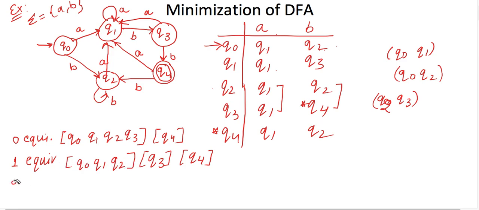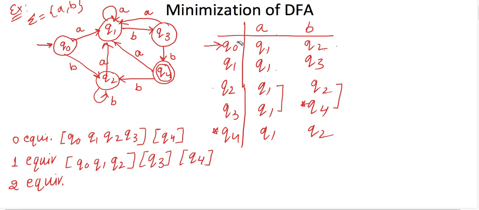Now we have to check for the two equivalent. Anyway, if you didn't get it till now, you will be getting it now, don't worry. So now watch it. For one equivalent, we were checking the groups in the 0th equivalent.